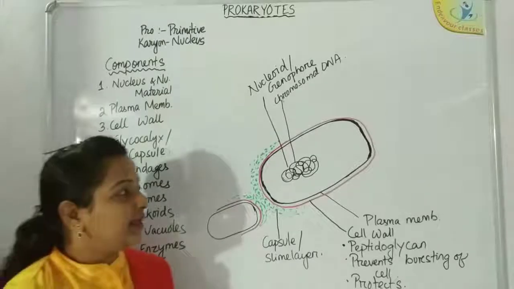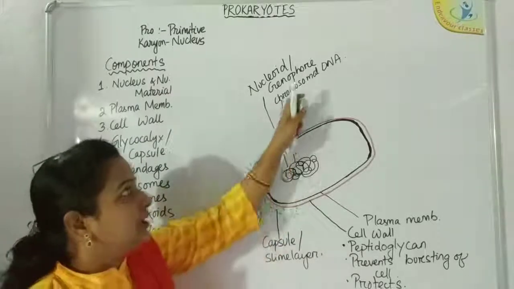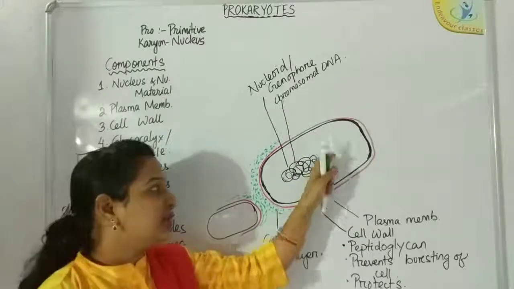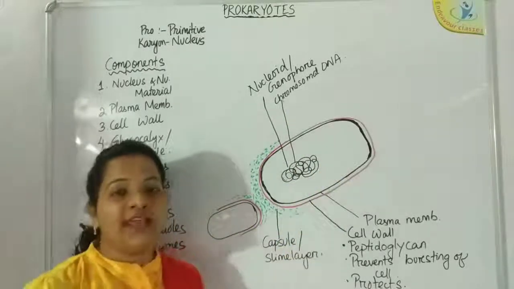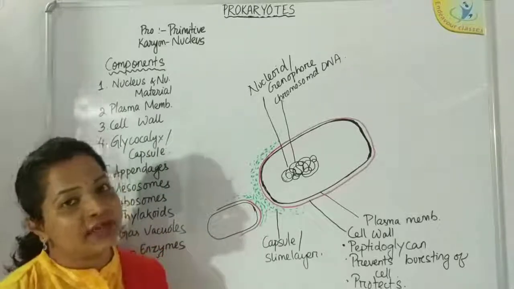Sometimes in some bacterial cells, in addition to this chromosomal DNA, there are extra-chromosomal double-stranded DNA molecules, which are called plasmids.